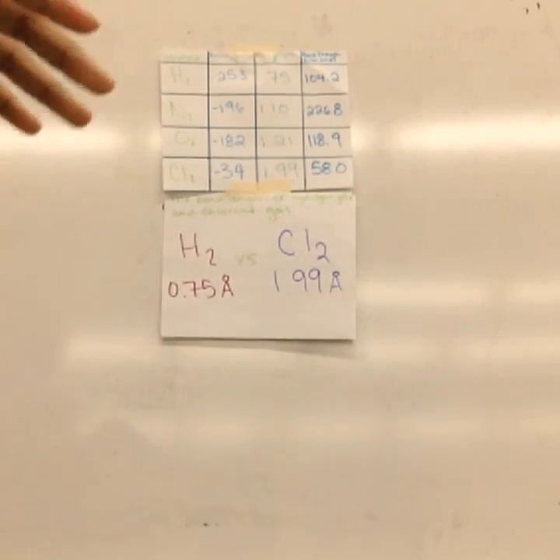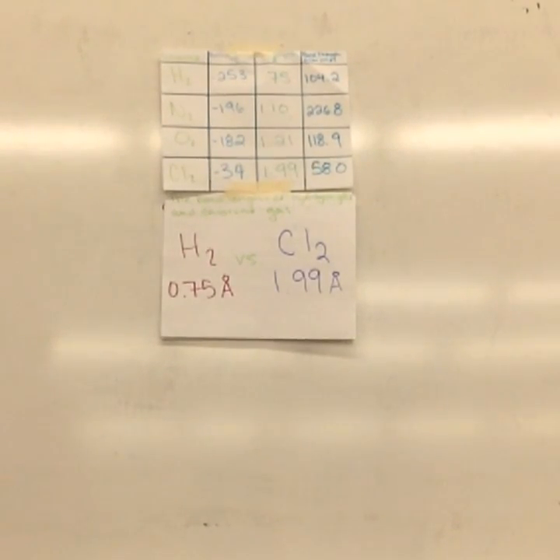Because it's just one bond, it's going to have more pull. And the chlorine also has a single bond, but its length is bigger also because of the size of the atoms, and that has a lot to do with why hydrogen is shorter than chlorine.